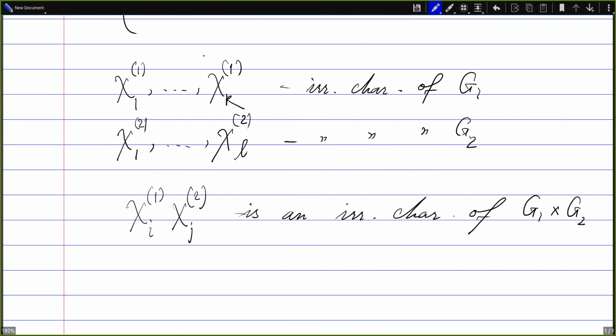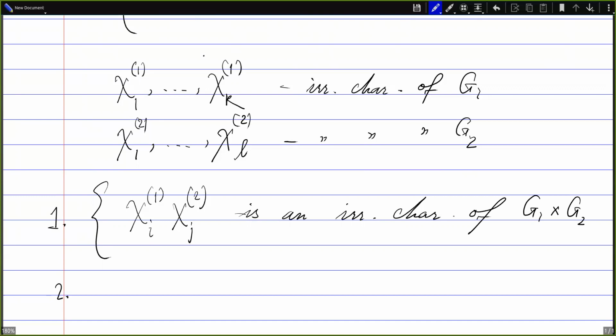That means the representation corresponding to chi1 tensor product the representation corresponding to chi2 is going to be an irreducible representation of G1 direct product G2. So first we will prove this, then furthermore we will prove that these are all. This is the first thing that we are going to prove.